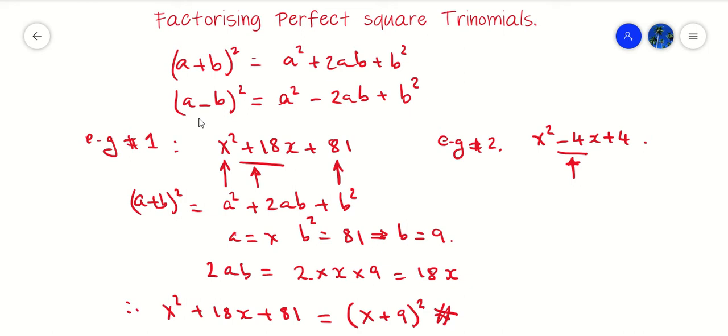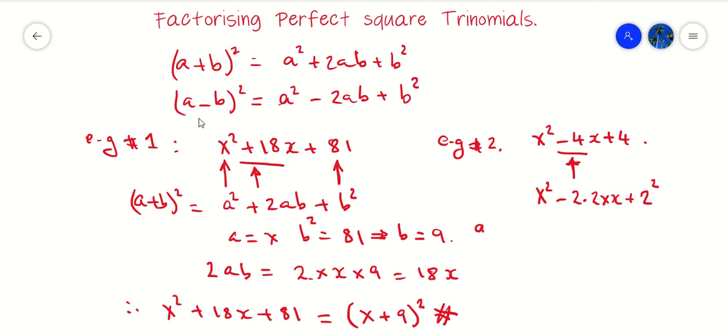But before I compare, I just want to rewrite this into the form of a minus b whole square, which is a square minus 2ab plus b square. My middle part I can split into 2 times x times 2, because 4 is equal to 2 square.